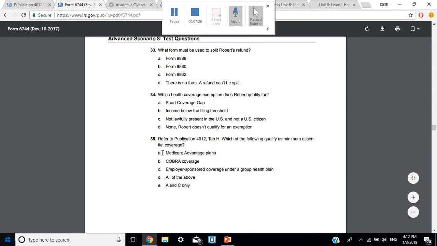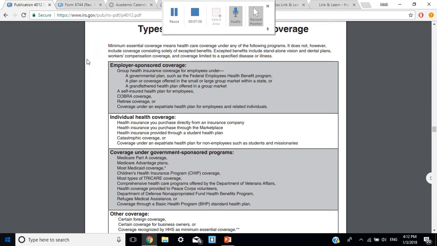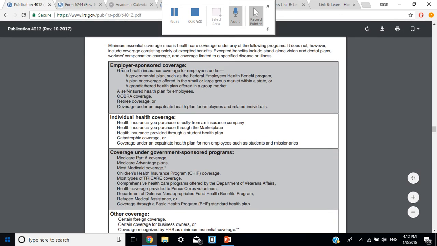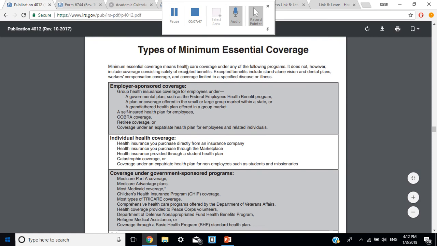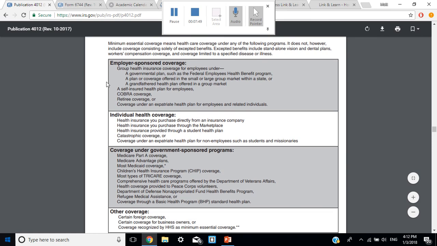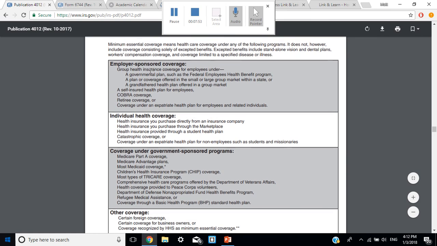So let's glance. Medicare Advantage plans, the COBRA coverage. That sounds the coolest. Employer-sponsored coverage under a group health plan. Let's skim, see what we run into. Boom, group health plan. First thing. Well, that looks to me like that is indeed minimum essential coverage. Keep on skimming. Boom, COBRA. COBRA coverage. Also employer-sponsored.